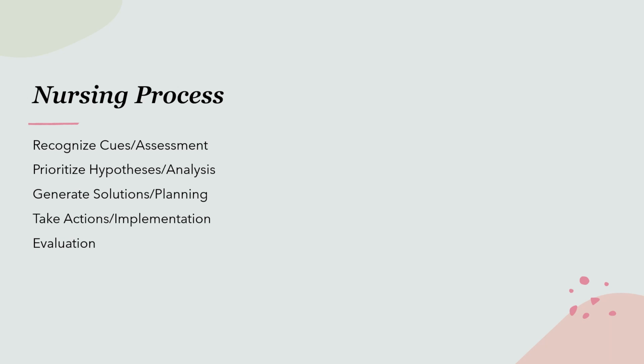After we identify what the client is going through in the assessment, we need to analyze what's happening with these assessment findings. So the biggest one is going to be, is the client safe in their environment?